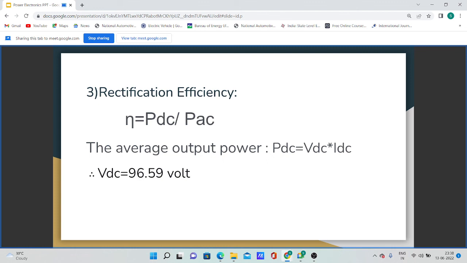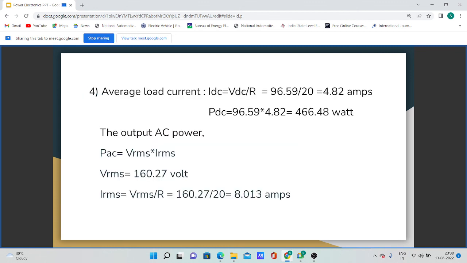The average output power PDC is given by VDC into IDC. VDC we already calculated, it is 96.59 volt. Next, the average load current IDC is given by VDC by R, and we get 4.82 amperes.